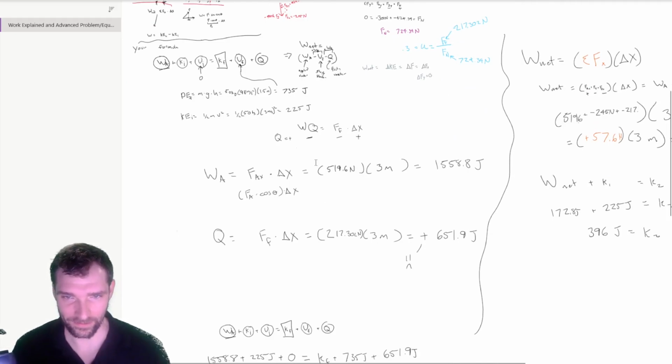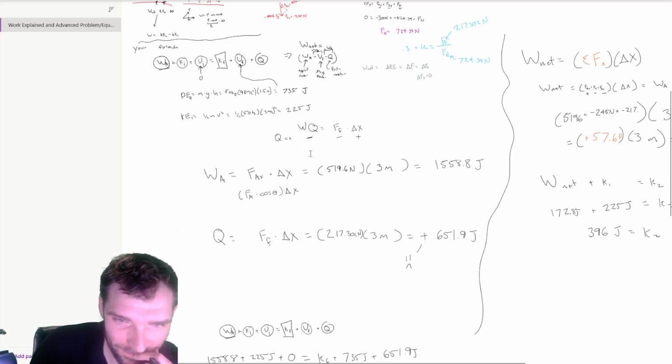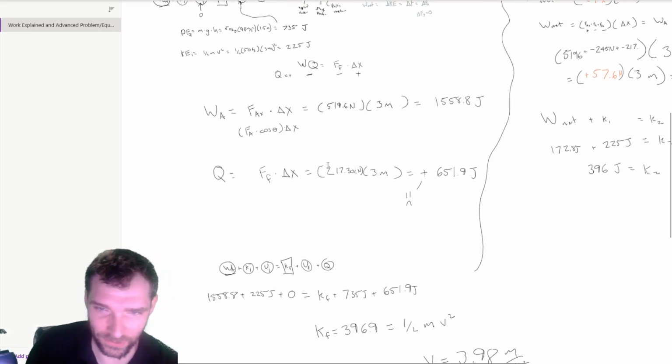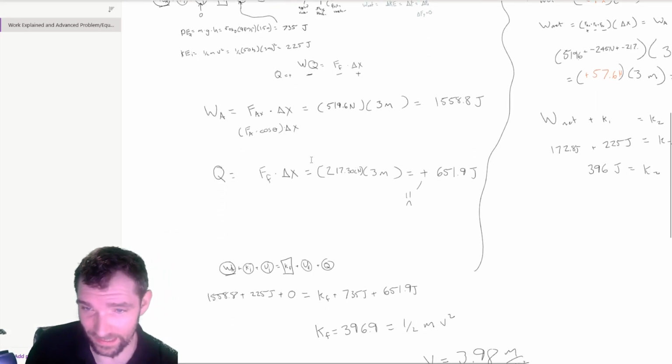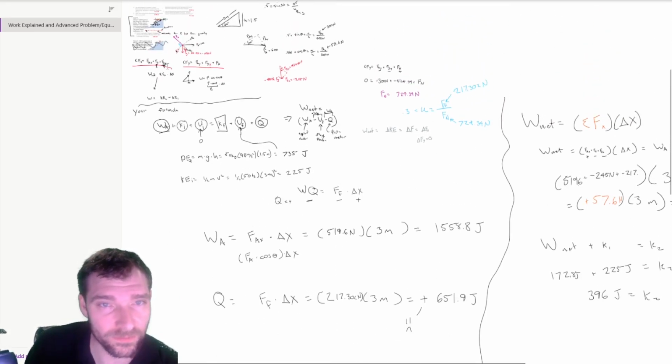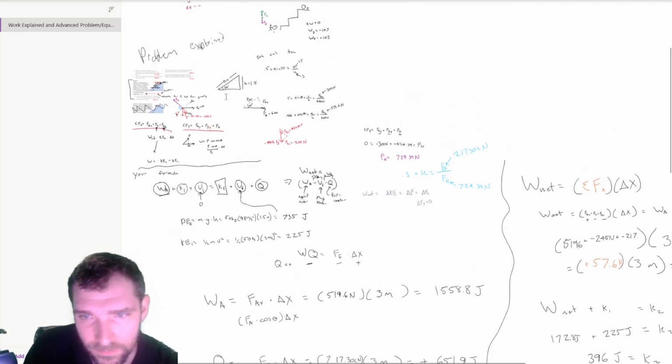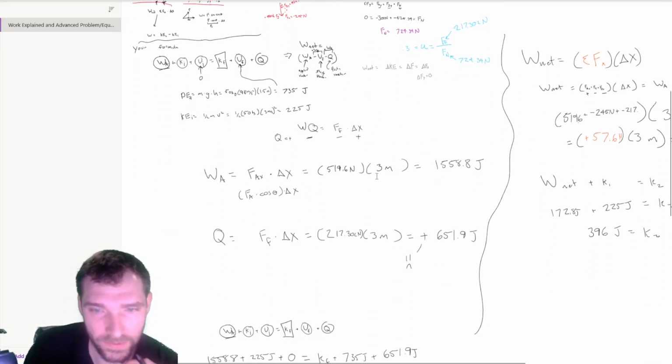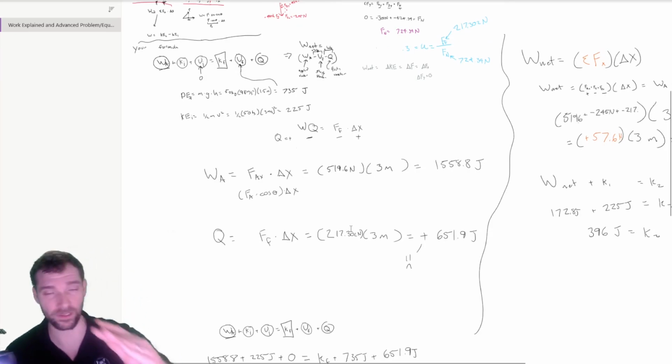And basically you can have that work component there, and then you also need the friction times the distance that friction is applied by. So if you can get that force of friction, which I believe we did in this problem, we got the force of friction from the normal force, and the coefficient of friction was right there. And so I was able to say what the force of friction was along the slope.